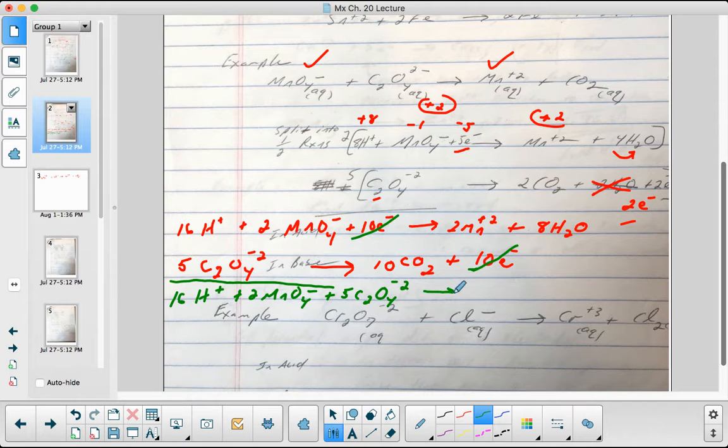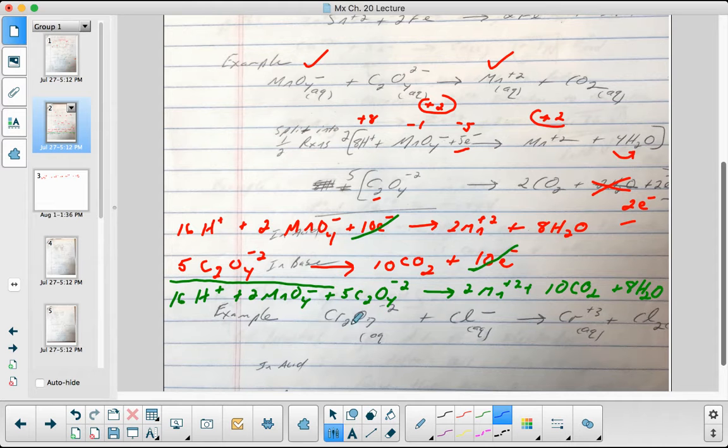And on the other side, so I'm just pulling everything down, 2 Mn positive 2 plus 10 CO2 plus 8 H2O.